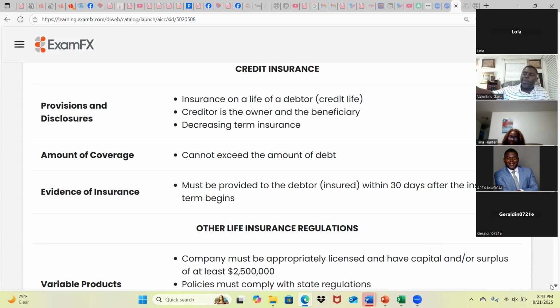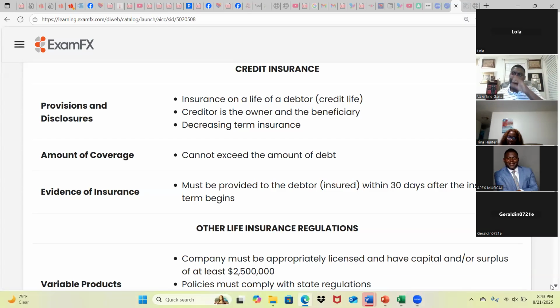Why is it decreasing? Because if you go take a loan from the bank, let's take a loan that most of us have taken, a mortgage loan. As you pay that mortgage, part of the money goes towards interest and part of it goes towards the principal. So the outstanding balance of that mortgage is always decreasing. Now, if the outstanding balance is decreasing, it also means that the amount of insurance needed to cover that policy is decreasing also.